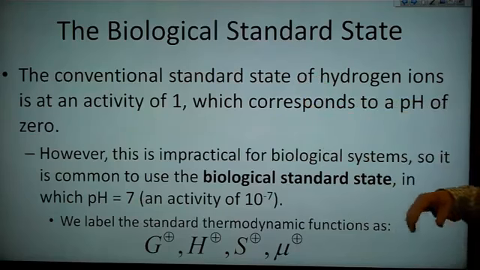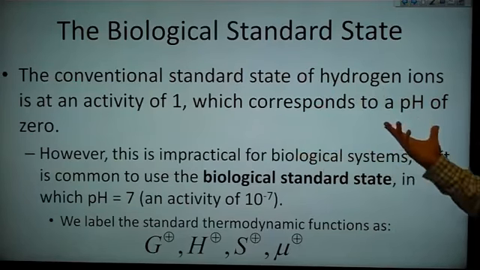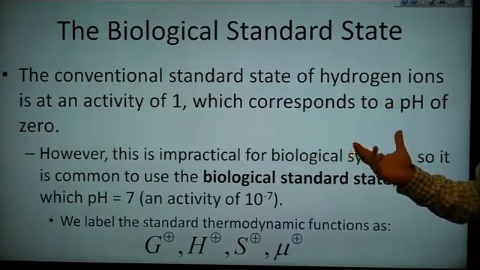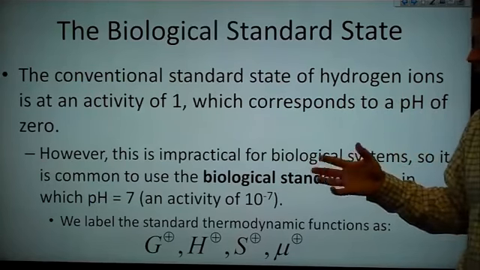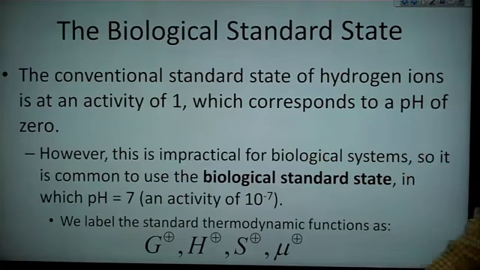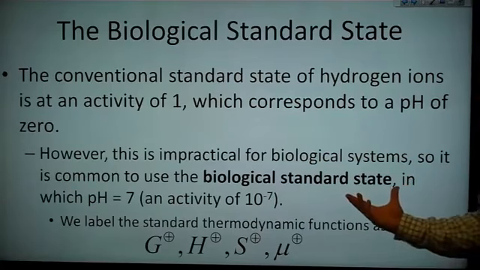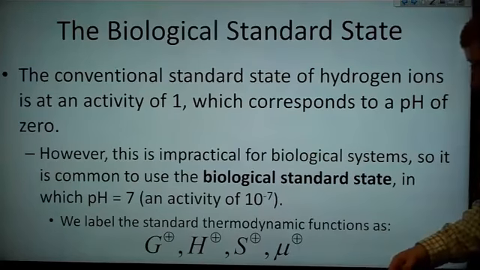So the conventional standard state of hydrogen ions is an activity of 1, which again is corresponding to a pH of 0, because we have a molarity of 1 molar. But this is impractical for biological systems, so usually we use a biological standard state in which the pH is equal to 7, so an activity of 10 to the minus 7.